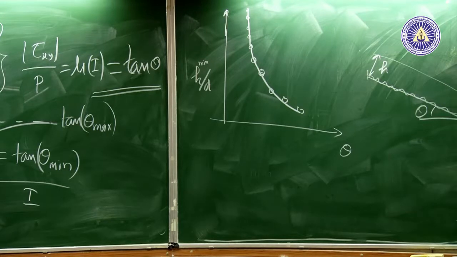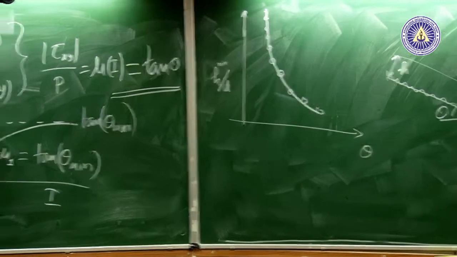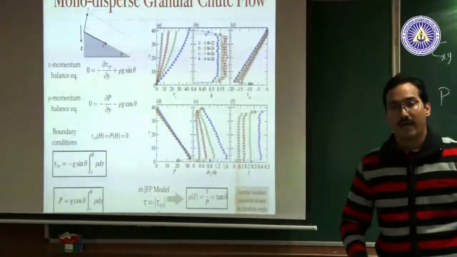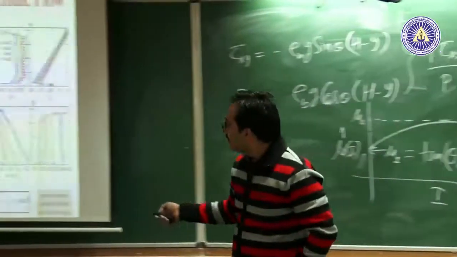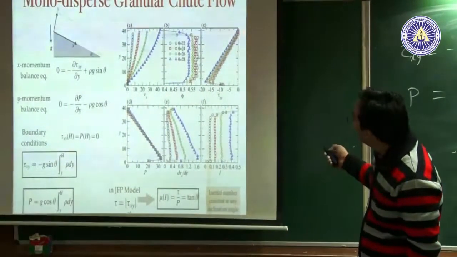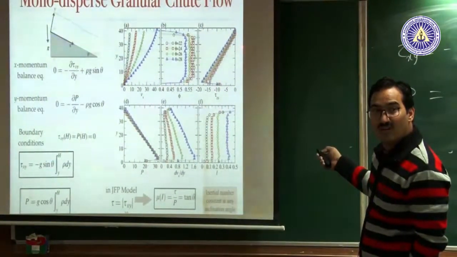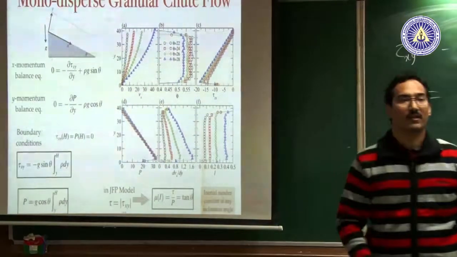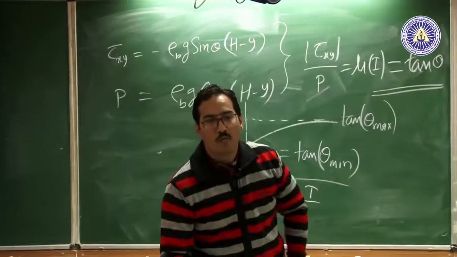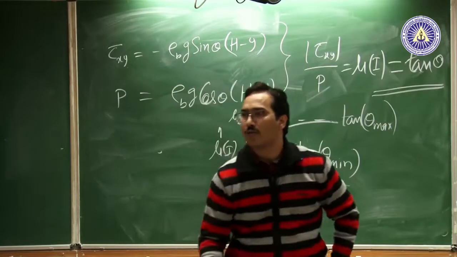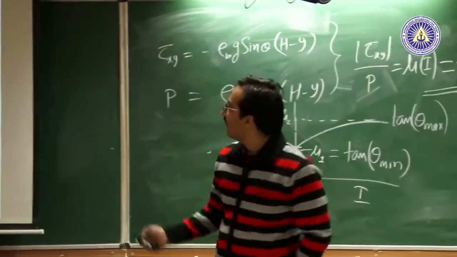If you look at the slope of the velocity profile near the free surface, or specifically the shear rate dvx over dy, it is not close to 0. At the free surface, the shear stress goes to 0, but the shear rate remains finite, which this model doesn't explain.